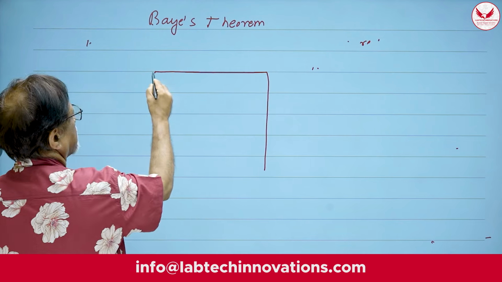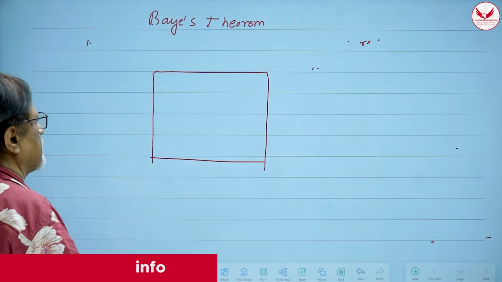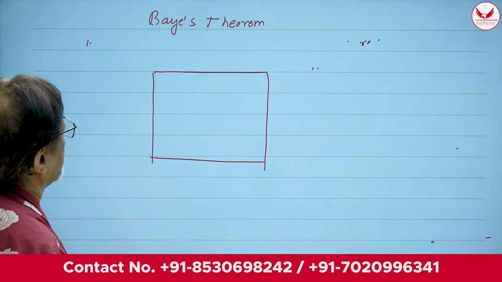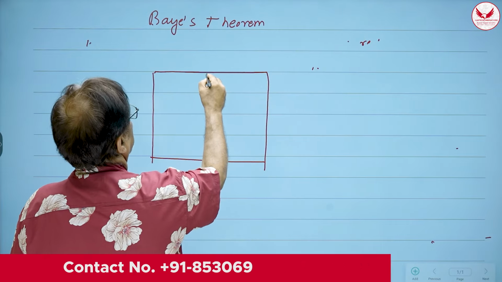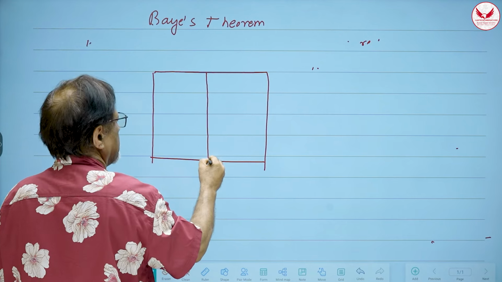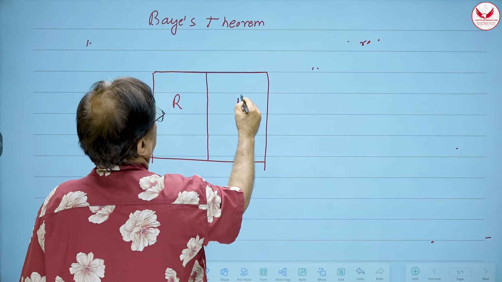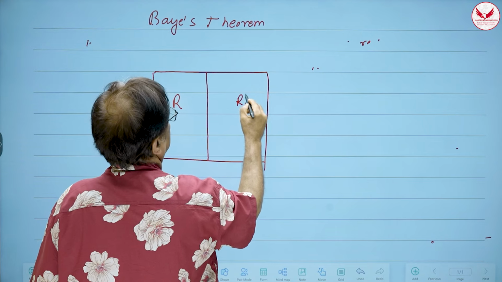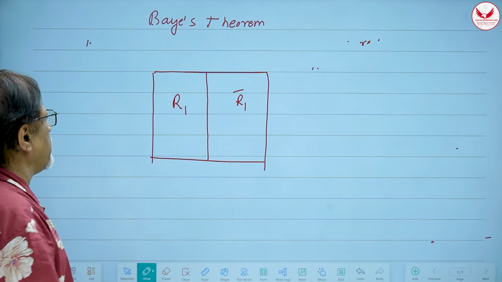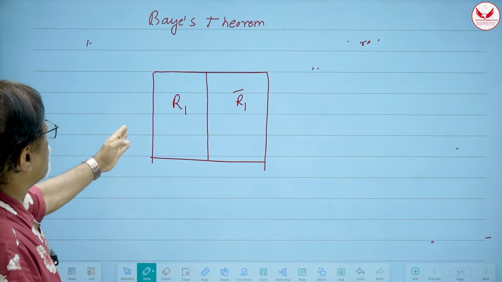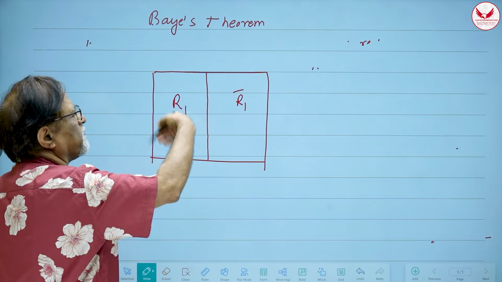This sample space is divided into two mutually exclusive parts: the first ball transferred was red and the first ball transferred was not red, so R1 and R1 bar. These two events are mutually exclusive. That is why this happens to be a partition of this sample space.